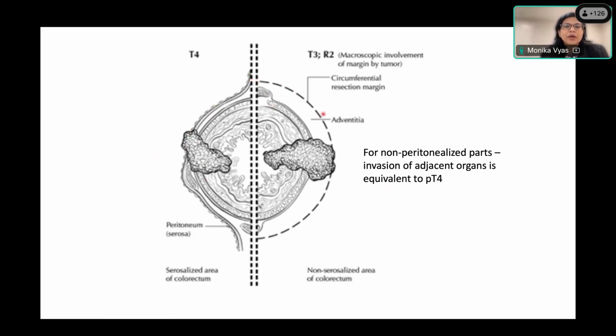But in a portion where you do not have serosa, like in the lower rectum, then presence of tumor on the circumferential resection margin does not make it a T4 tumor. It only makes it a T3 because it's still in the pericolonic tissue, and it is considered a positive margin if it involves the CRM. So for these cases, only if the tumor is invading the adjacent structures can you use the designation pT4.